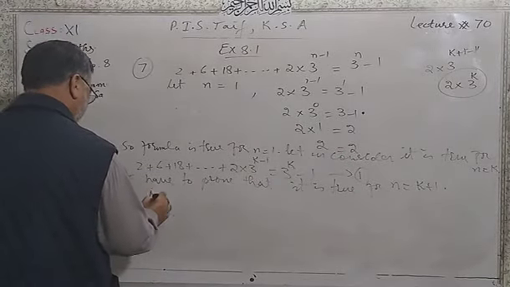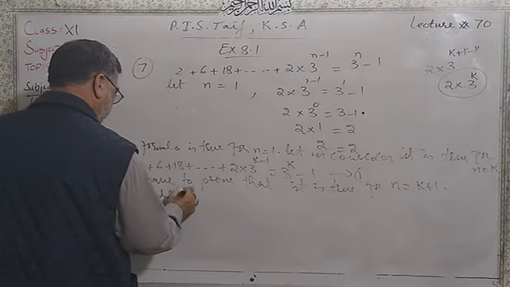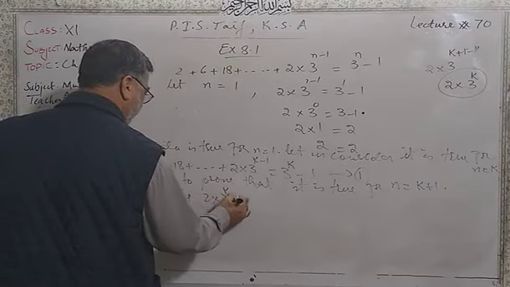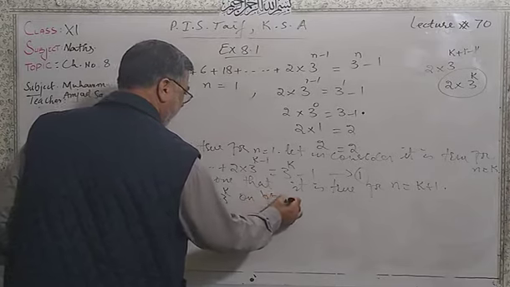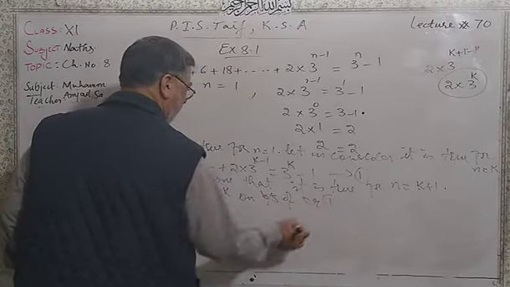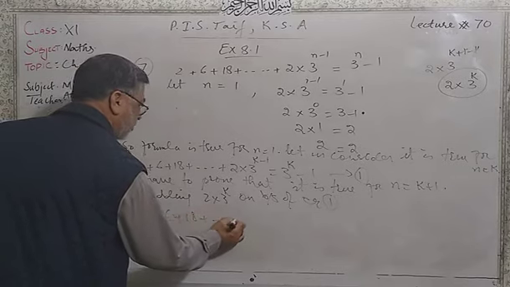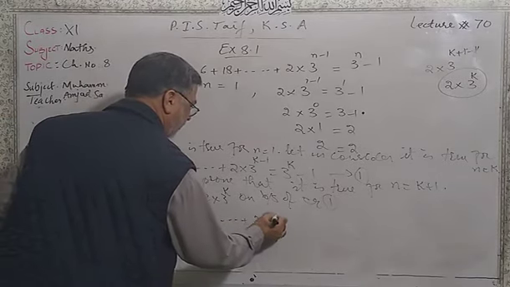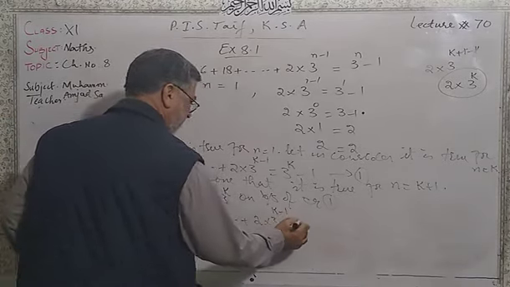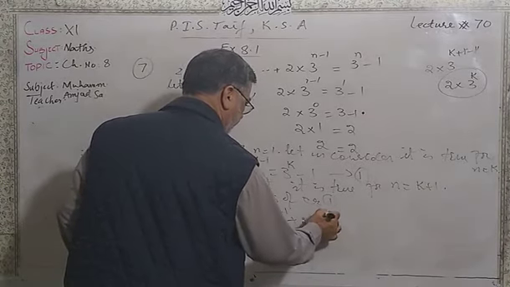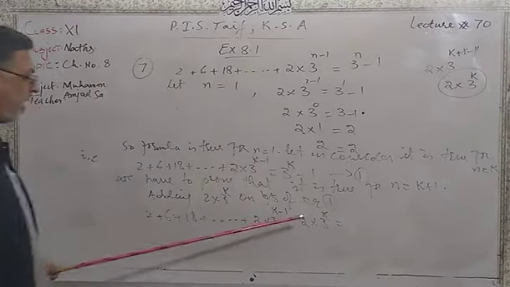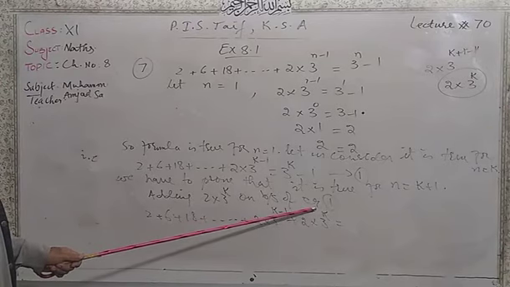So adding 2 into 3 power k on both sides of equation number 1: 2 plus 6 plus 18 plus so on plus 2 into 3 power k minus 1 plus 2 into 3 power k. This is your next term involving k plus 1.